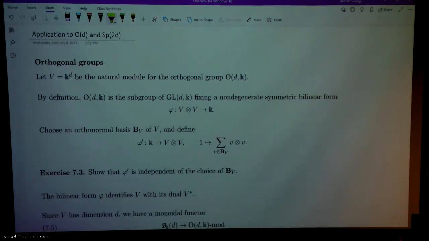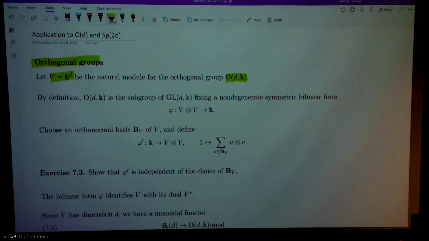Okay, why are we interested in these things? Because again, they're connected to representation theory. So let's start off with orthogonal groups. So we can take the orthogonal group, O_D, over our field K, and let's let V be the natural module, so the d-dimensional vector space with your action just given by matrix multiplication.